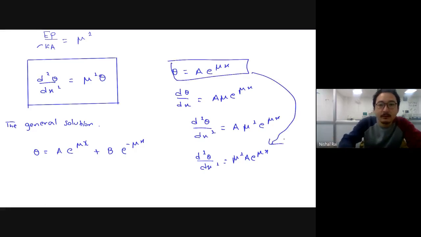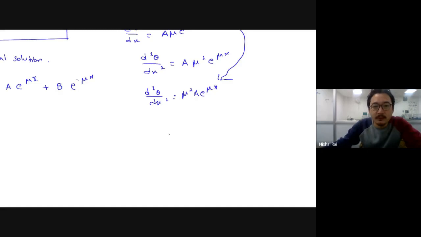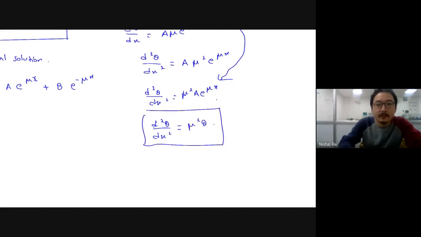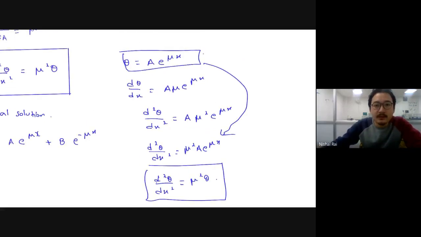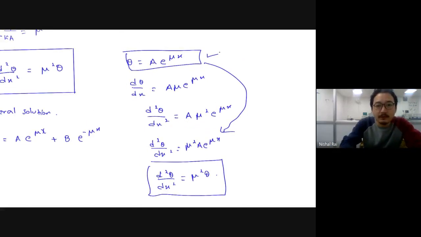Yeah, theta. So if you substitute this over here, then you'll end up with mu square theta. So this was the differential equation which you started with. So this solution satisfies your differential equation.